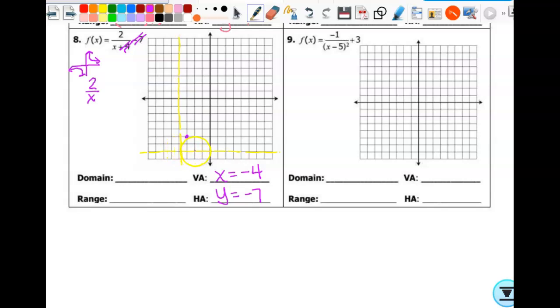Then I would go to 2, 1/2, but 1/2 times 2 is 1, so I'd end up right there. Then I'd have 1/2, 2, but I multiply that by 2 and I get 4. There we go. So I can sketch this in.